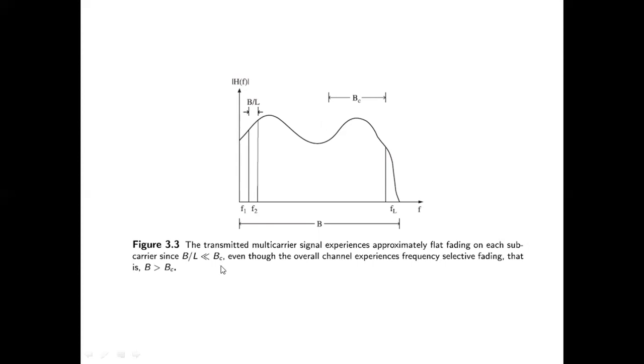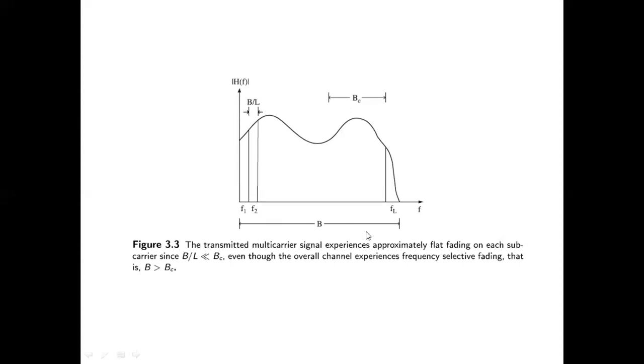As I told you, it is closely related to the time delay spread. Say your time delay spread is 1 millisecond, then you are supposed to have the bit duration at least 5 times more than the time delay spread, and 1 by the time delay spread is called the coherence bandwidth. So you divide the entire bandwidth into many smaller pieces, right?